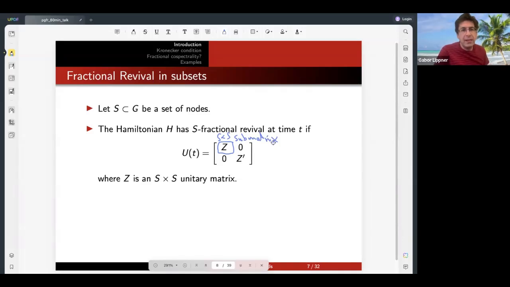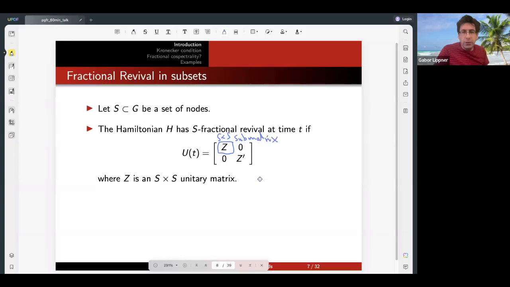And so we want to say that the graph, or this subset S, has fractional revival in the graph if at some time t, we have this block diagonal structure where one of the blocks corresponds to this S by S submatrix.